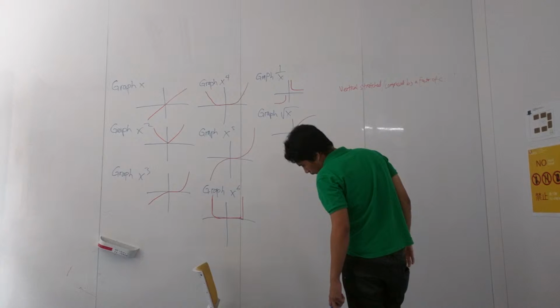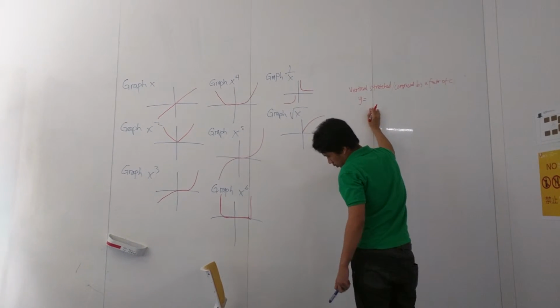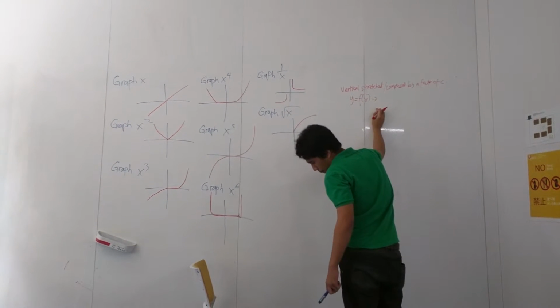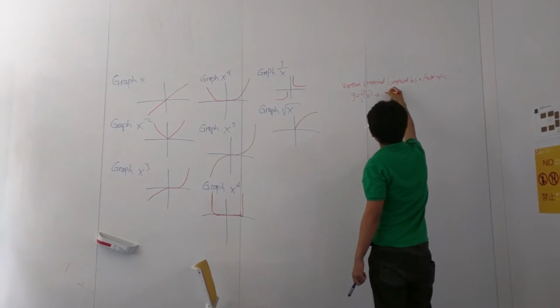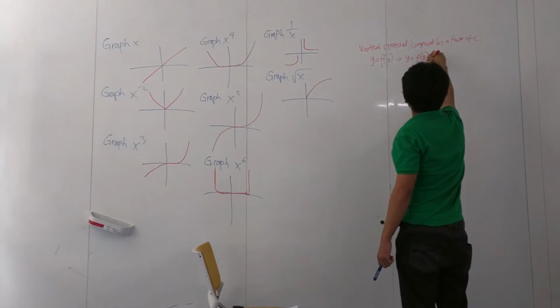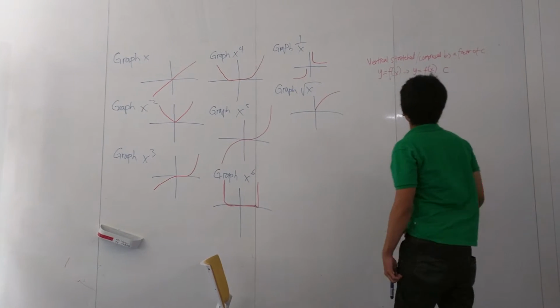For example, we use y equals f(x), then the c will affect the equation: f(x) times c.